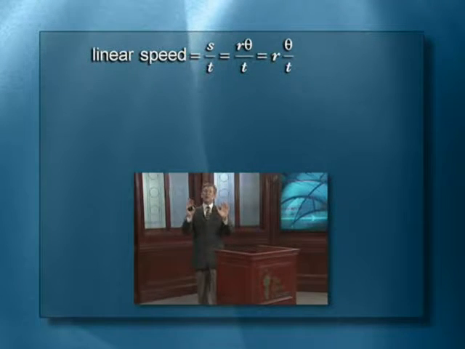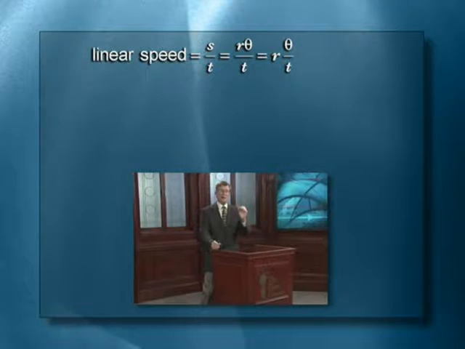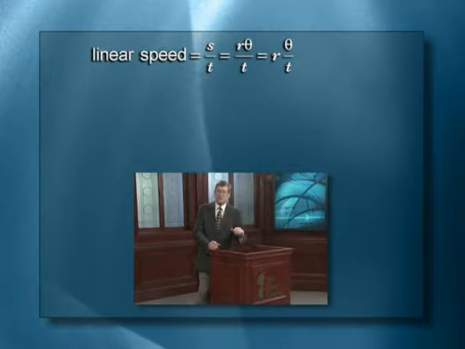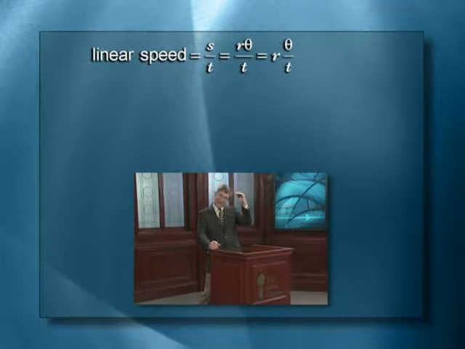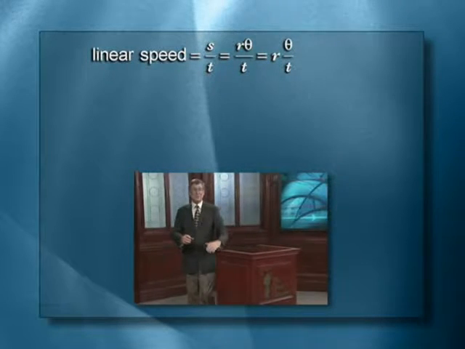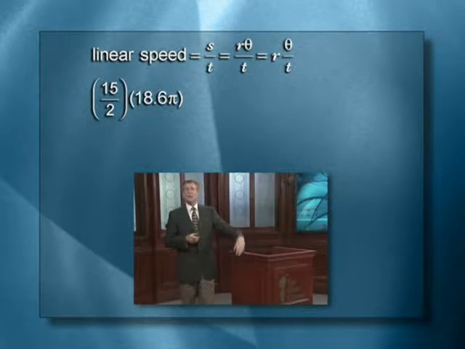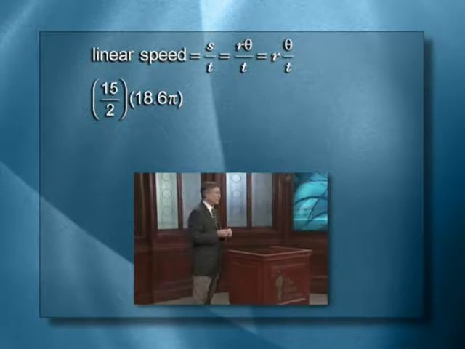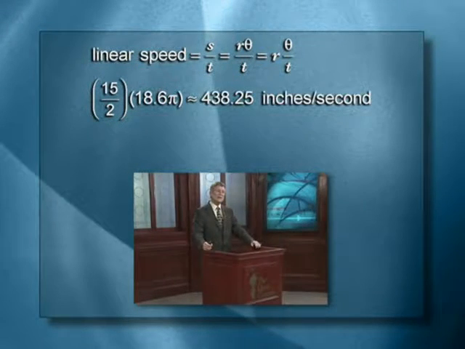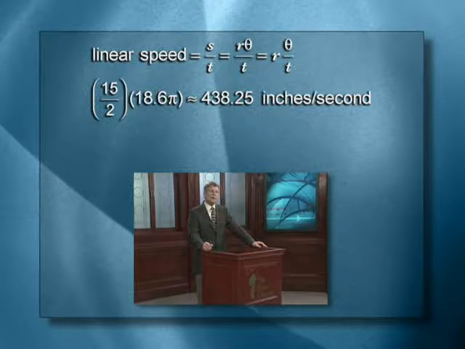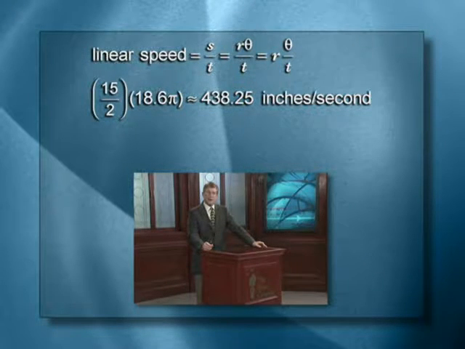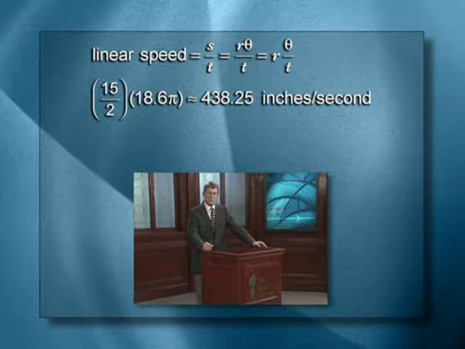Now here's that trick question. Remember, we need r, and r is 15 divided by 2, the diameter divided by 2. So 15 over 2 times 18.6 pi, multiply that out with your calculator, and you get approximately 438.25 inches per second.